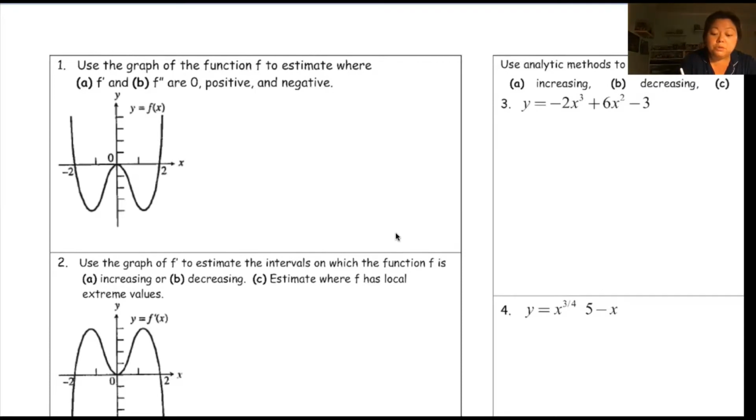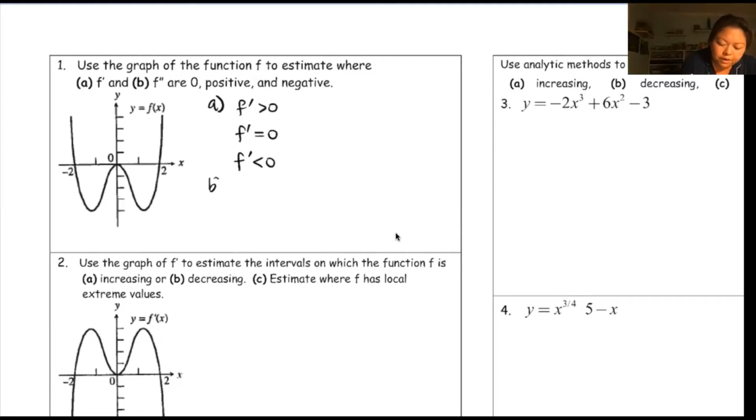Colored pencils will be a really good idea to see the connections here, but again, totally optional, all right? So let's see what I am being asked here. I'm looking for when is F prime positive, when is F prime equal to 0, when is F prime negative, right?